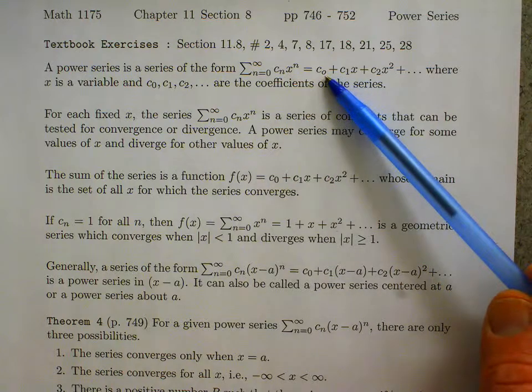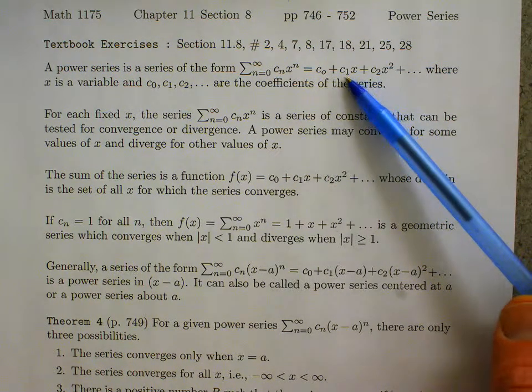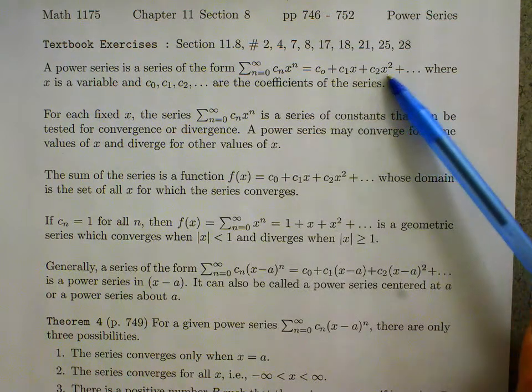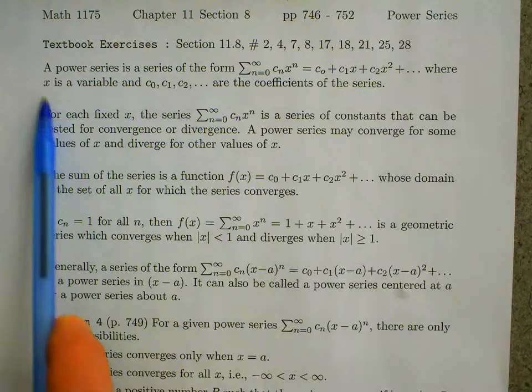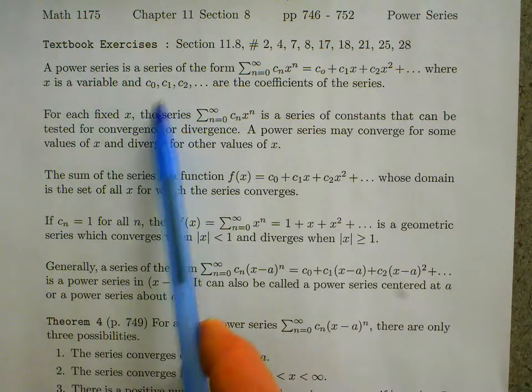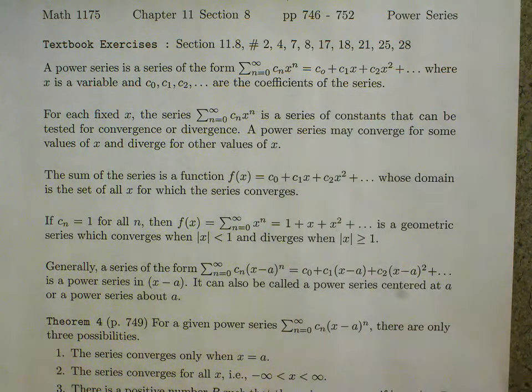And so the individual terms are c sub 0 plus c sub 1 times x plus c sub 2 times x squared, and so on, where x is a variable and c sub 0, c sub 1, and so on are the coefficients of the series.